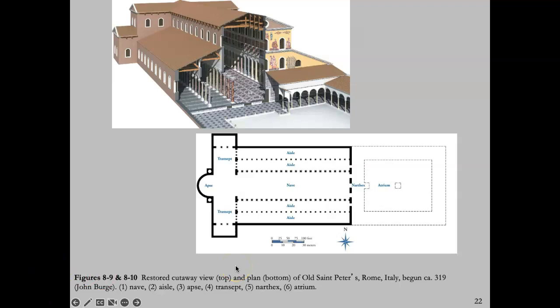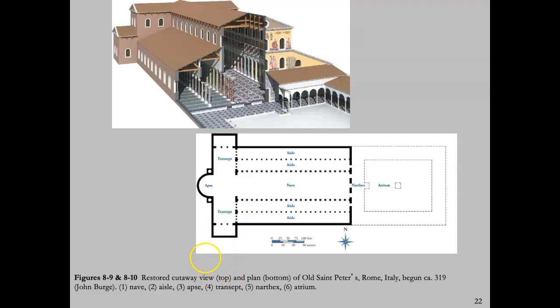As Christian churches evolve, the transept will become a more important part of the plan because as more and more people want to attend church, and later in the Middle Ages we will have pilgrims that want to come from far and wide to come to a certain church to see relics or reliquaries that hold important relics of saints and, say, the pieces of the true cross.